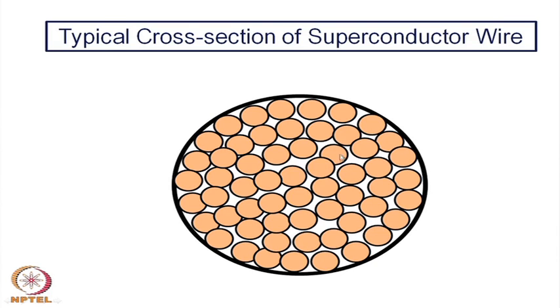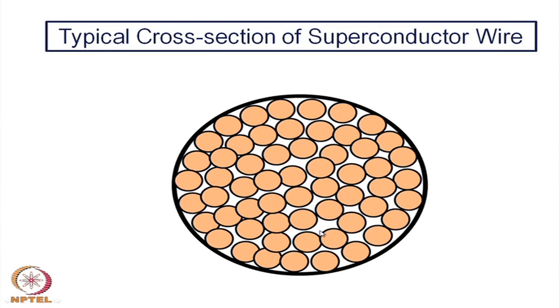Of course, this particular figure I have shown not only for the ceramic superconductors, but this kind of cross section is also designed for low temperature superconductors, metallic or intermetallic superconductors, which are normally used at lower temperatures.